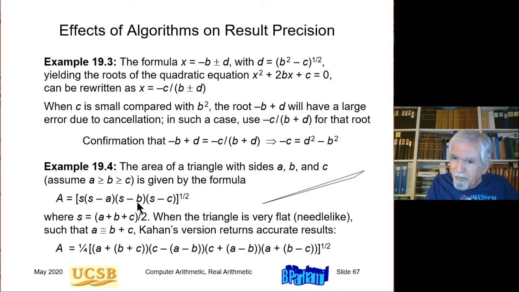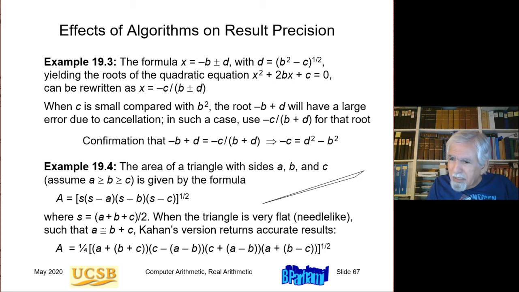So S is half of the perimeter, A, B, and C are the side lengths. You just plug in this formula, extract the square root, and that's your area. And most of the times this formula works well, but if you have what are known as needle-like triangles, a triangle that is very narrow, what happens is, let's say this longest side is A, okay?